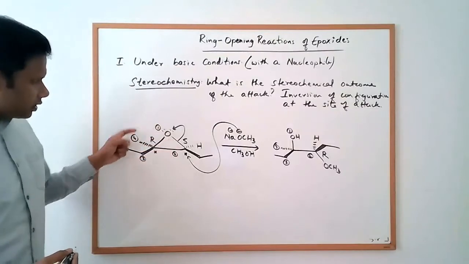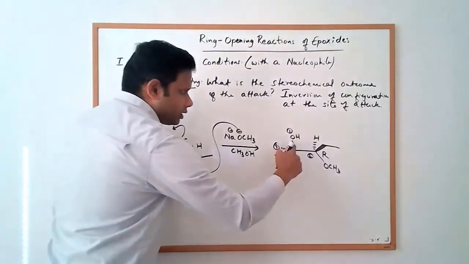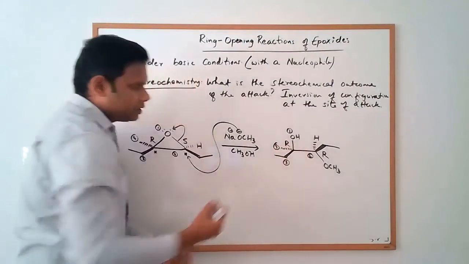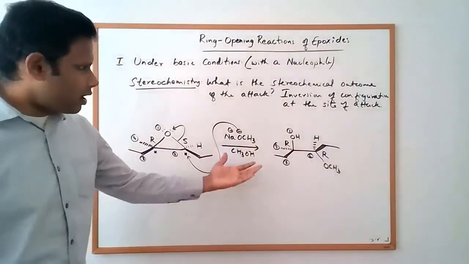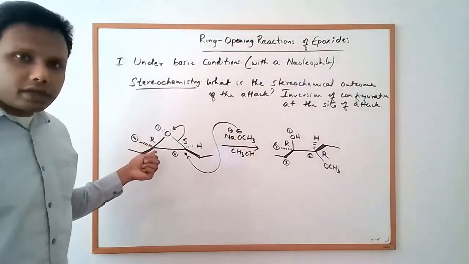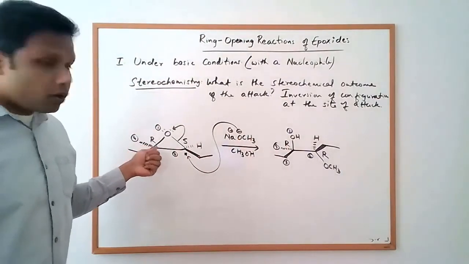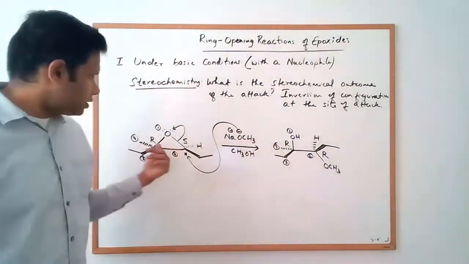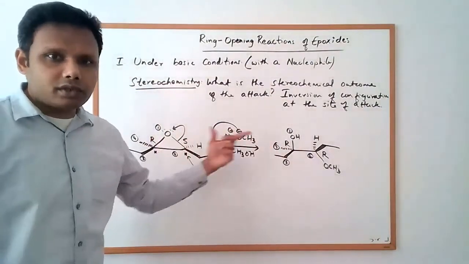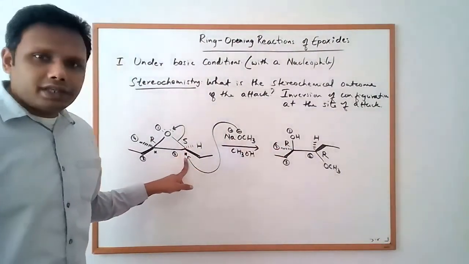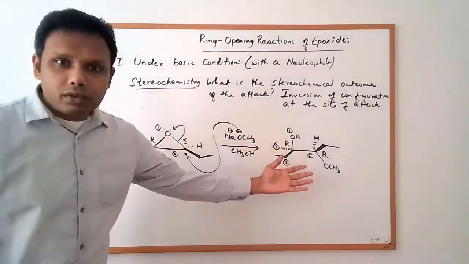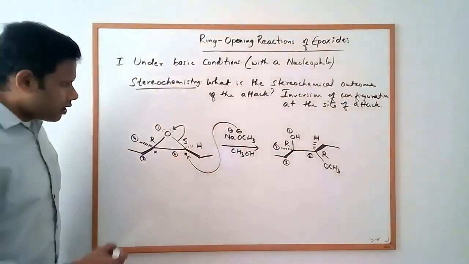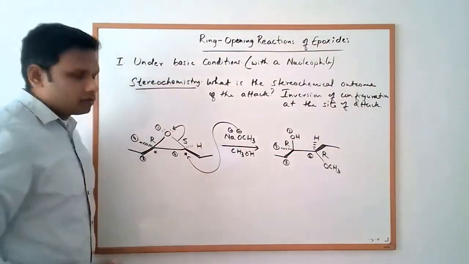So the configuration here is R, and then in the product, the configuration is retained. So that still remains R. So the carbon which was not attacked, the configuration of that carbon is retained. It remains R in the starting material and the product, but the carbon where the attack happened, the configuration there gets inverted. It goes from an S to an R. And I want to make sure, yes, it is correct.